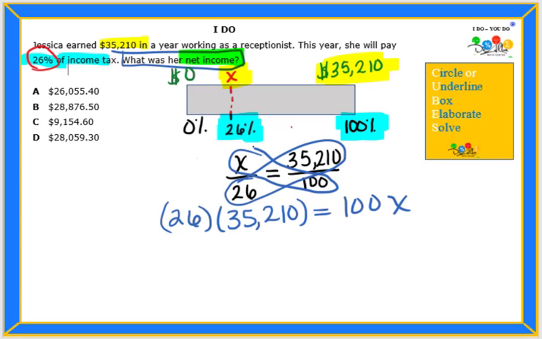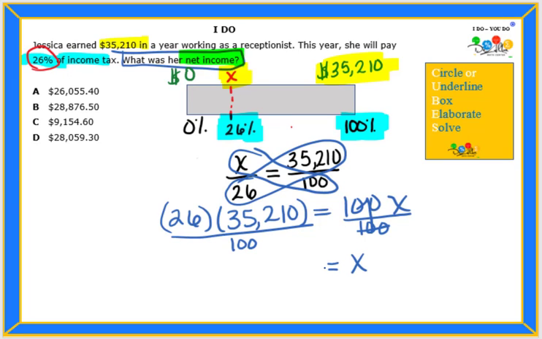So since we are trying to isolate our x, we are going to have to divide by 100. And I will divide by 100 on this side. We do the same thing to both sides in an equation. So here we have 100 divided by 100 becomes 1x. So 1x is just x.